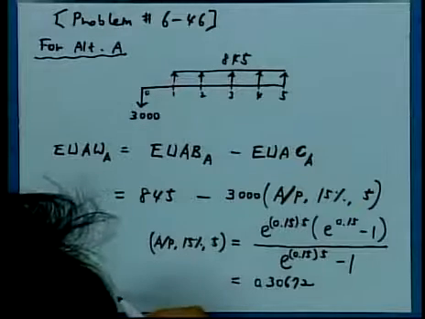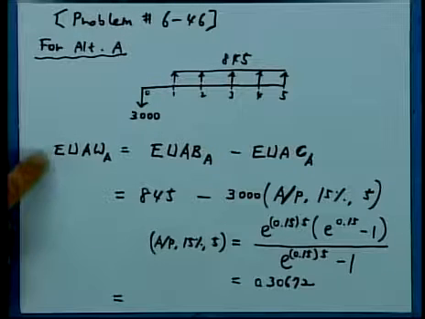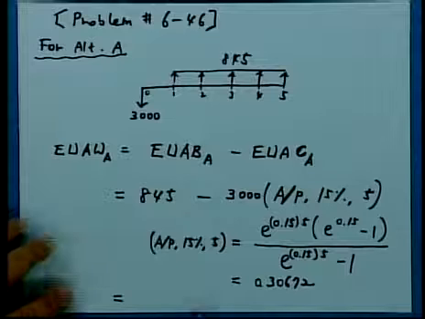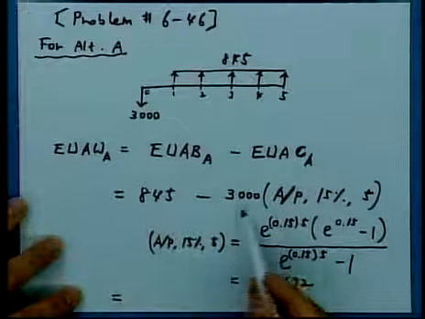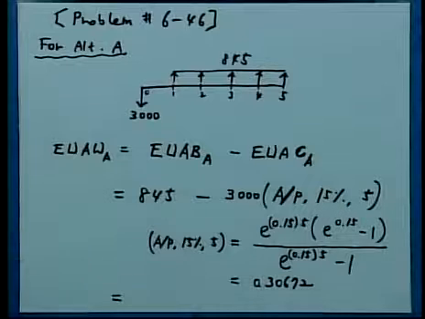So what is the equivalent uniform annual worth for alternative A? That's going to be 845 minus 3,000 times 0.30672.